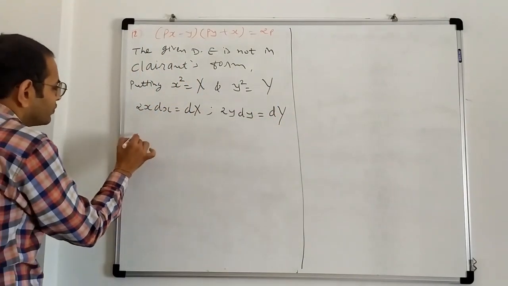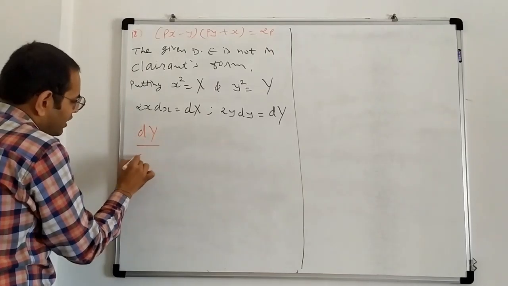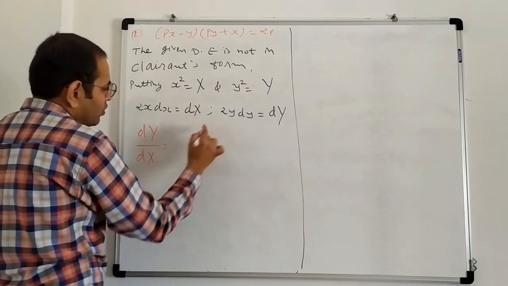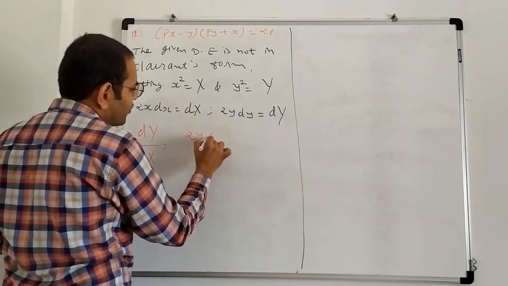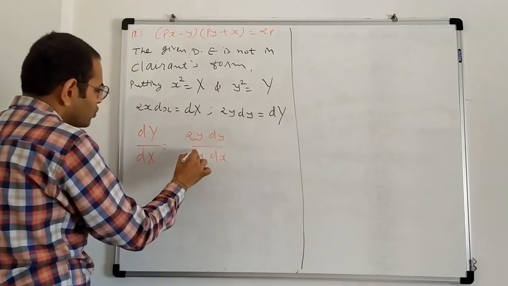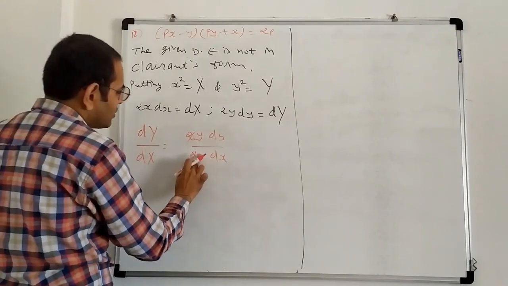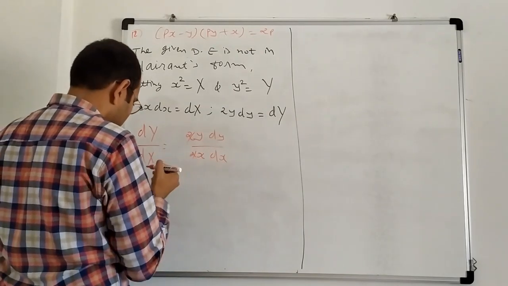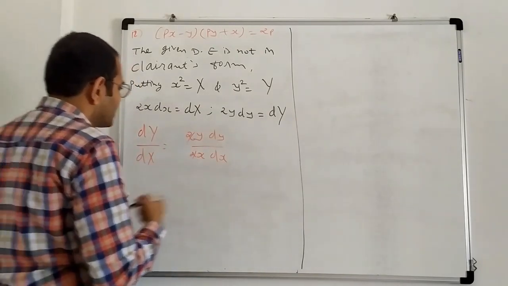Now dy by dx equal to, substituting these values, 2y dy upon 2x dx. 2 cancels out.